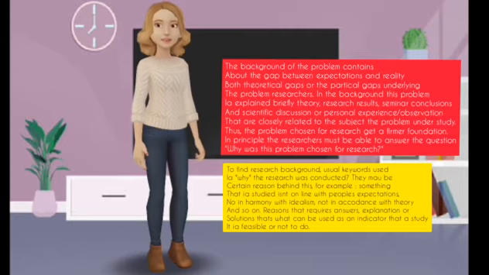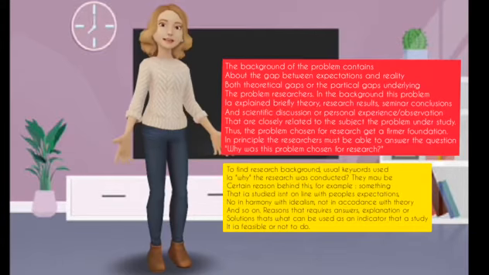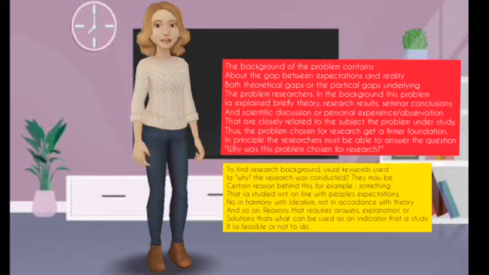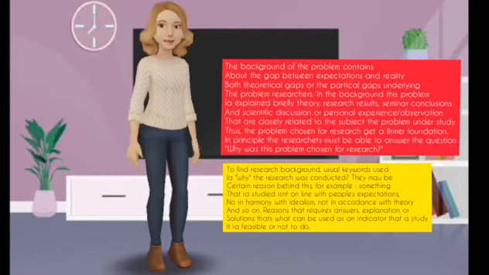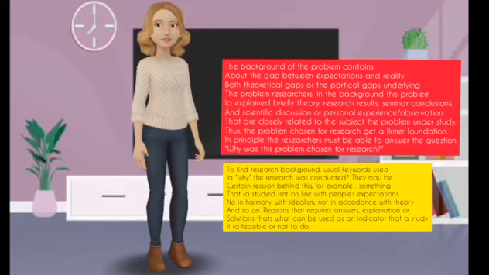For example, something that is studied is not in line with people's expectations, not in harmony with idealism, not in accordance with theory, and so on. Reasons that require an answer, explanation, or solution. That's why it can be used as an indicator of whether a study is feasible or not to do.